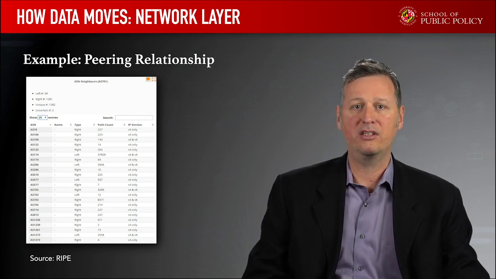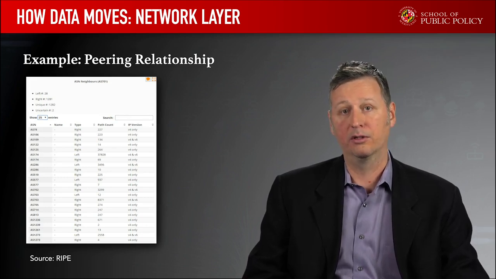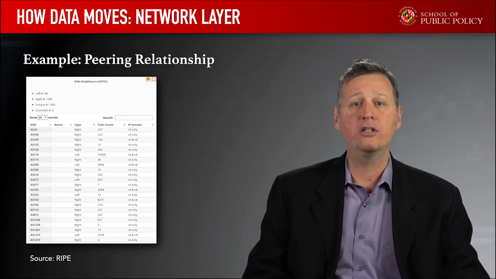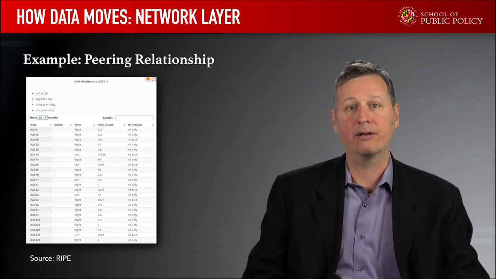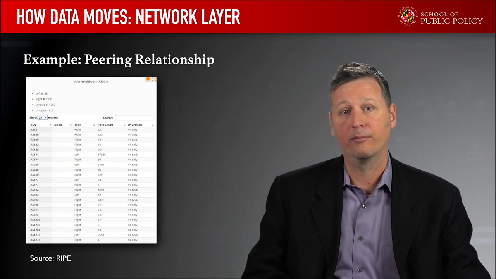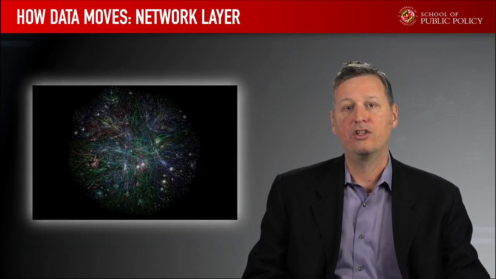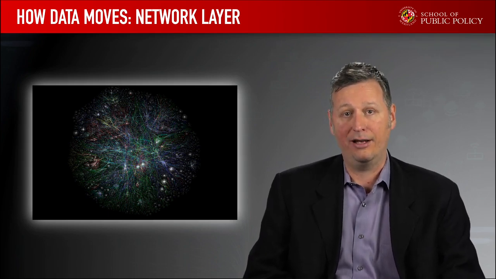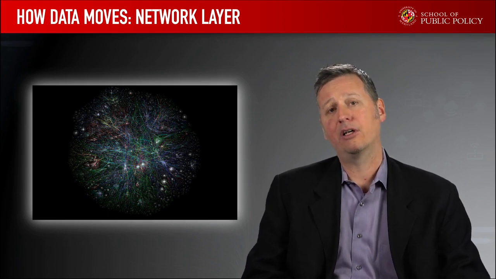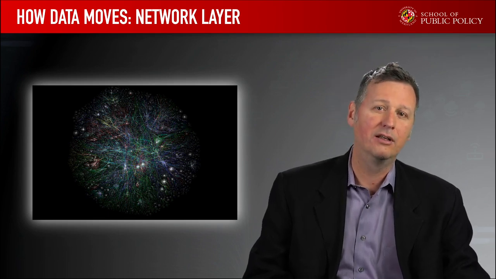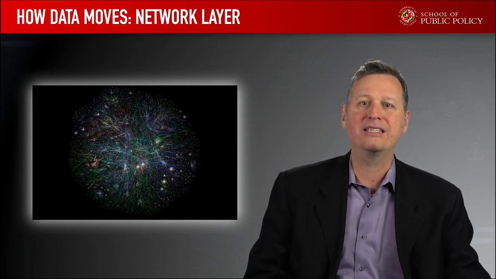And the goal is that as I'm requesting information from websites all around the world, some of those AS structures that I have a relationship with are going to know where to route my information. That's the advantage of having peering relationships. So when I take a look at the large interconnections on the internet, the value of having autonomous systems and peering relationships is it gives you a sense of where to route data.